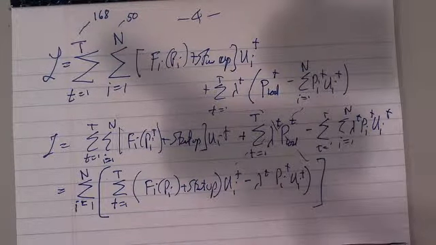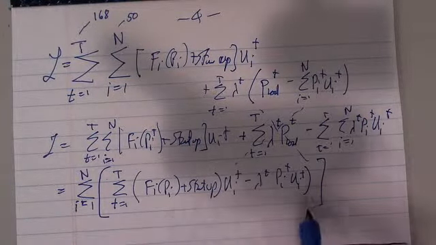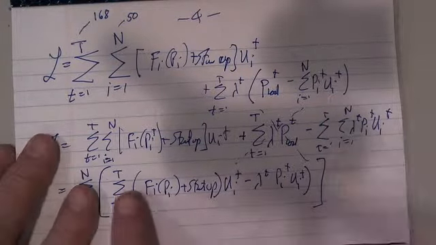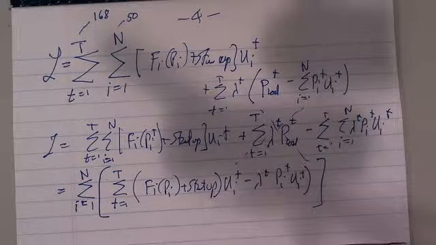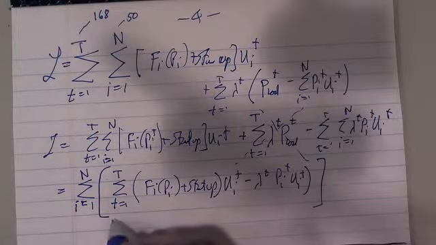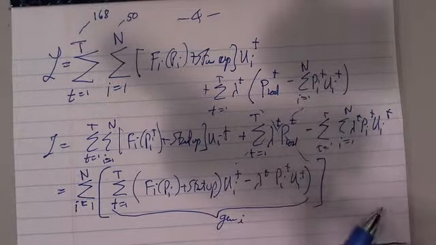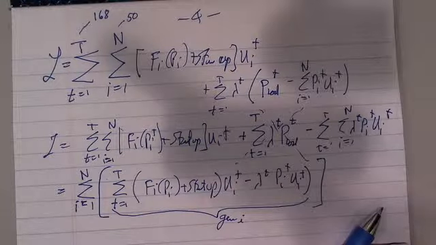Now what I want you to notice is that what I'm doing here is for each, this summation in here is for each generator, and it's across all the time periods, just that generator. So this applies to generator I. It applies to generator I, and the idea is that I've separated.